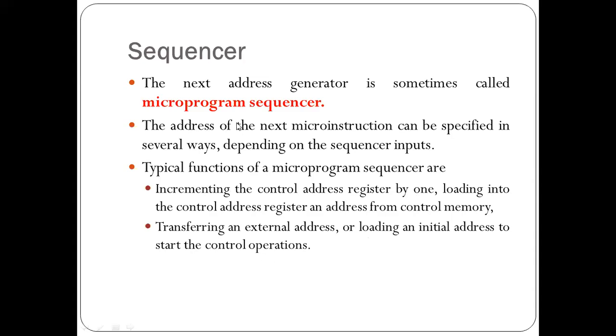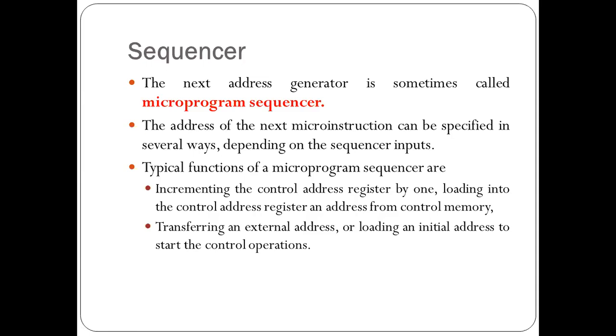Okay. See, your control address register should hold the address of the micro instruction available in the control memory. So initially, the first micro instruction address will be loaded from an external address as the initial address to start the control operation. That is the first operation. Once it is loaded, the next micro instruction address is obtained just by incrementing, if it is the next in sequence.